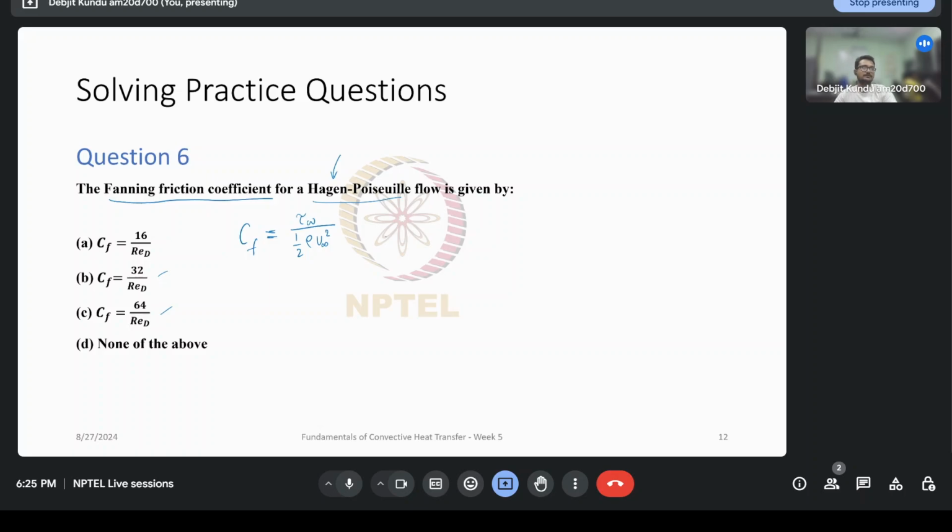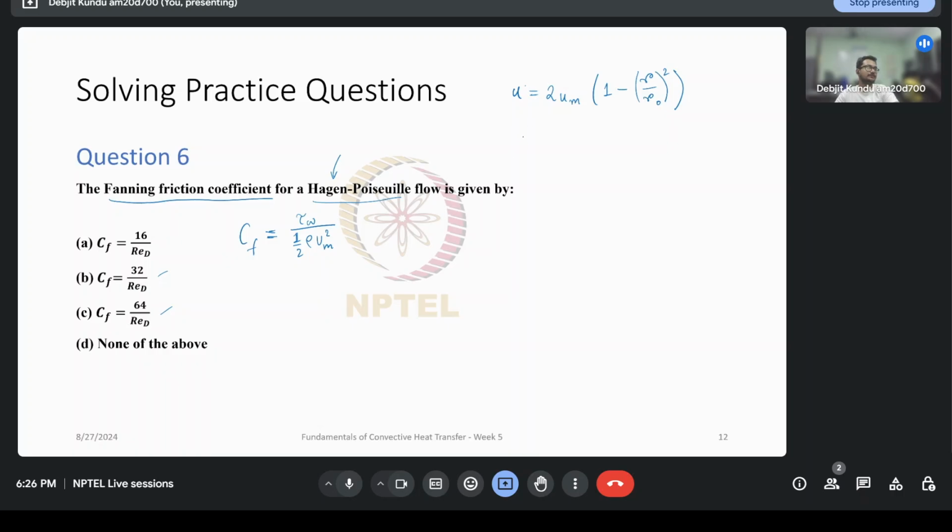In this case, this is the mean velocity. So we know that in a Hagen-Poiseuille flow, our velocity u is a function of r given by u max into 1 minus r over r naught squared. That u max also happens to be twice u mean.